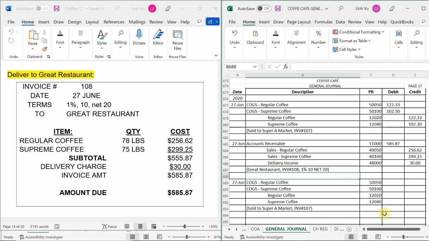And then we can go to general ledgers, update all those accounts. So account receivable is on the asset.